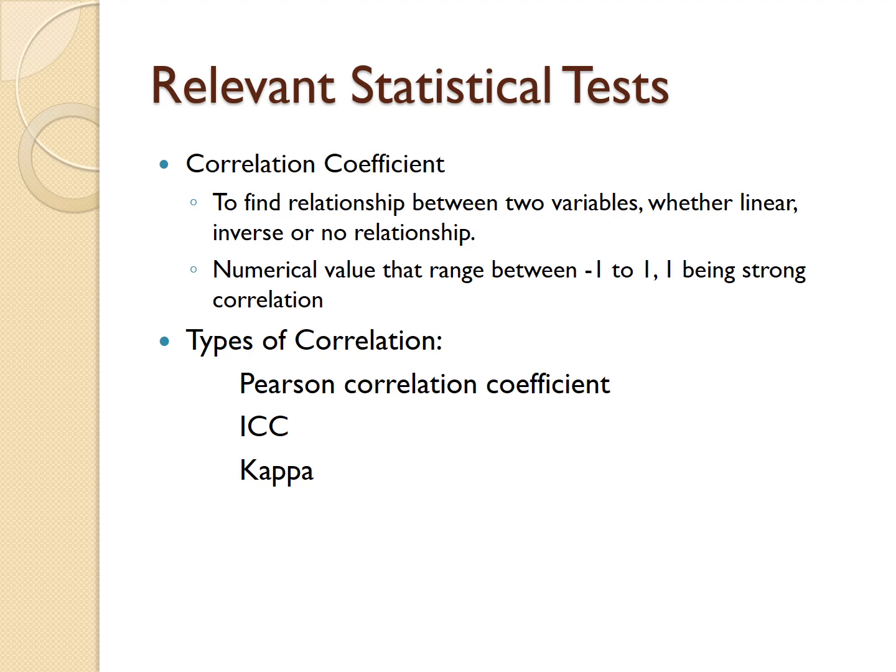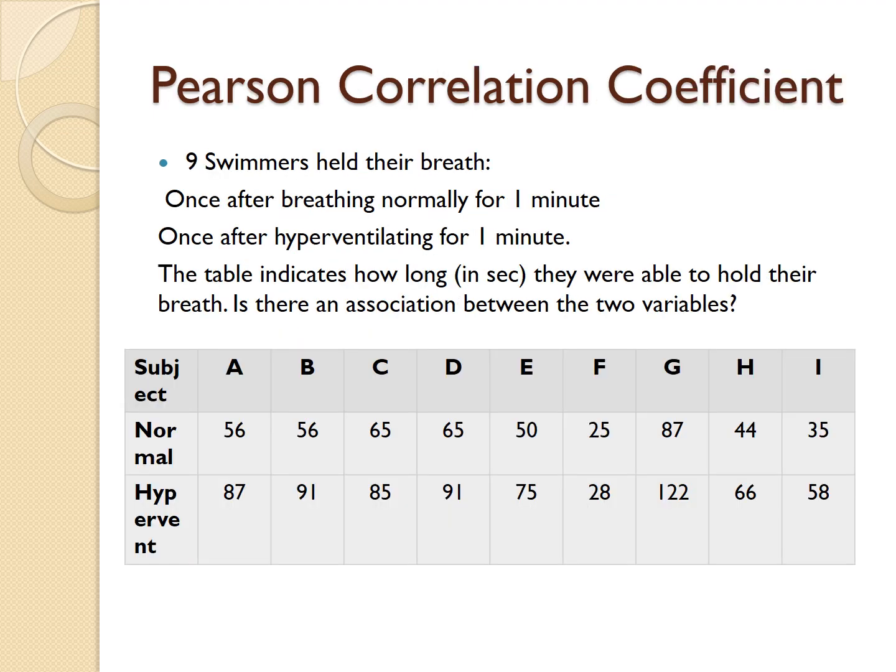Okay, what is Pearson correlation coefficient? So Pearson correlation coefficient is a correlation between sets of data, a measure of how well they are related to each other. It's one of the most common measures of correlation in statistics.